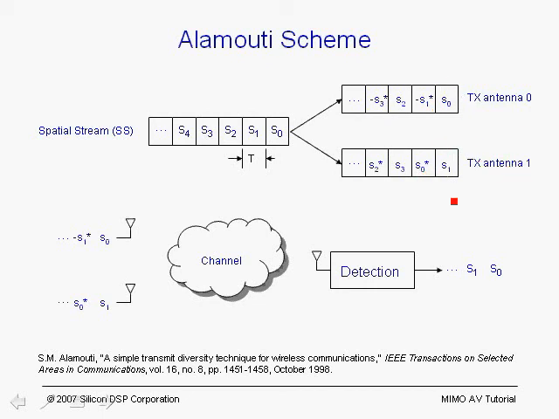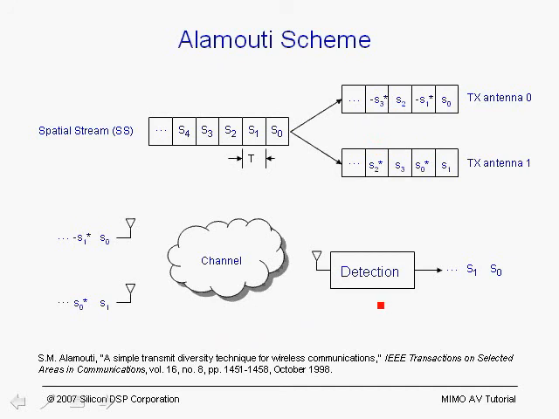So if we look at these time slots, at first we're transmitting S0, S1, then we're transmitting minus S1 conjugate and S0 conjugate on antenna number 1. Then we start processing the next two symbols, S2 and S3, which are arranged in a similar fashion.